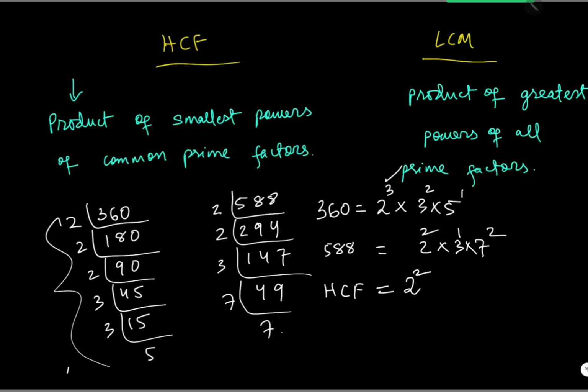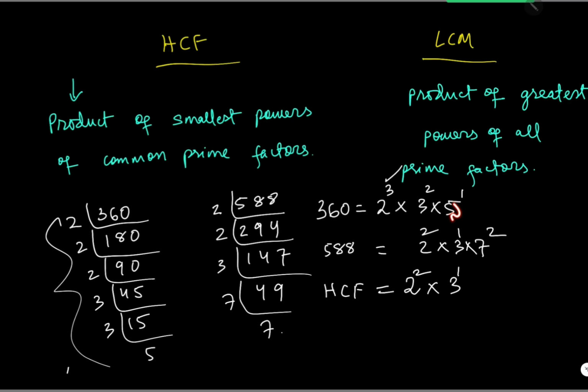Let us check for the next number. 3 is also found in the canonical decomposition of 588, so I will consider 3, but the power will be 1 because 1 is the smaller power.